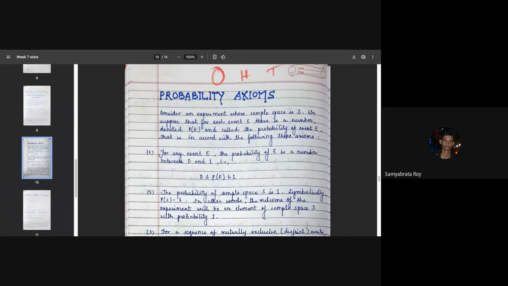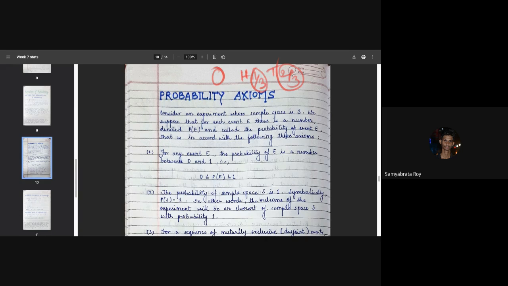But what if we have a biased coin which has 1/3 probability of showing head and 2/3 probability of showing tail? Now we cannot find the probability with the classical approach.